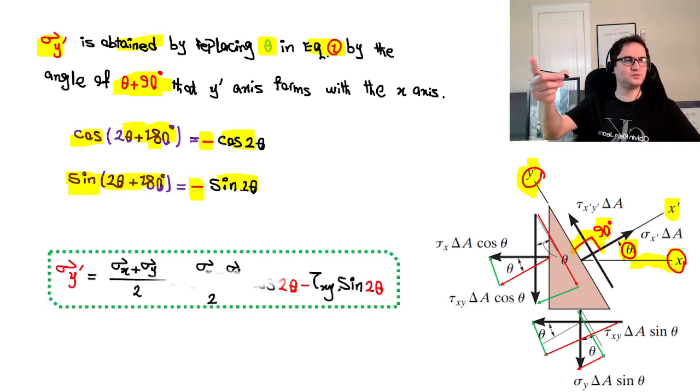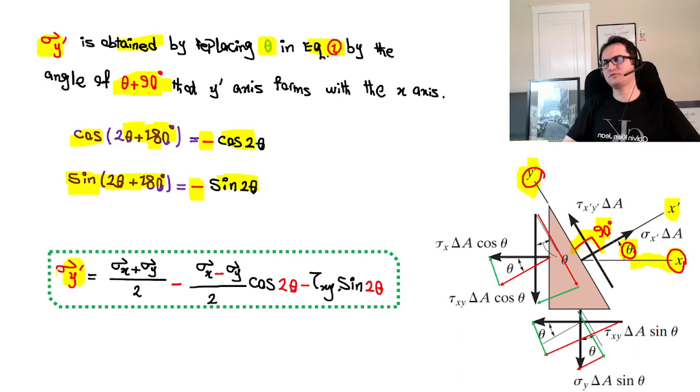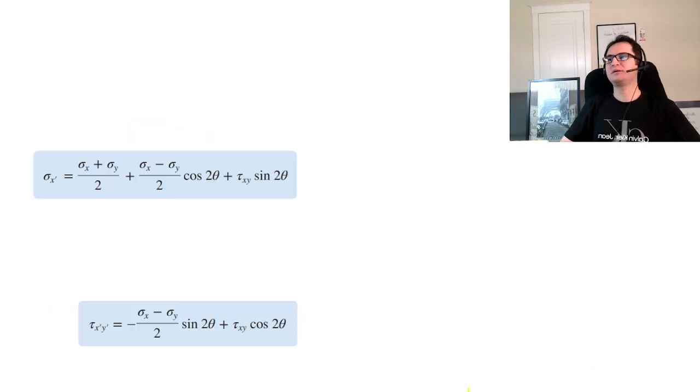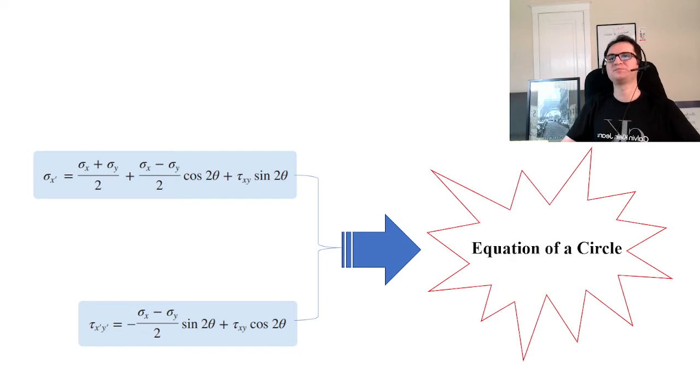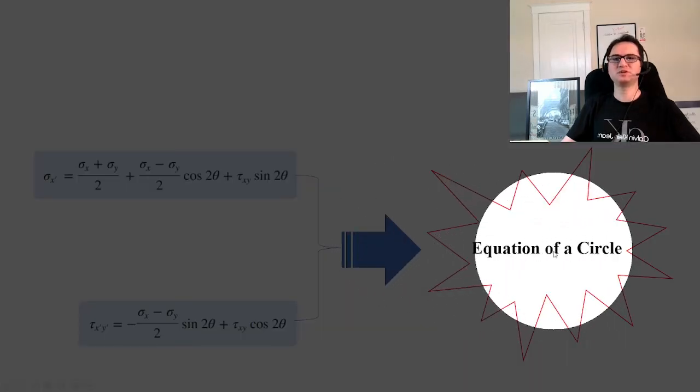If you add these two equations and apply the rule, you get an equation for sigma y prime, which is very similar to equation 1, which we already had for sigma x prime. So if you consider sigma x prime and tau x prime y prime, they hint at an equation of a circle. So that's the equation of a circle.